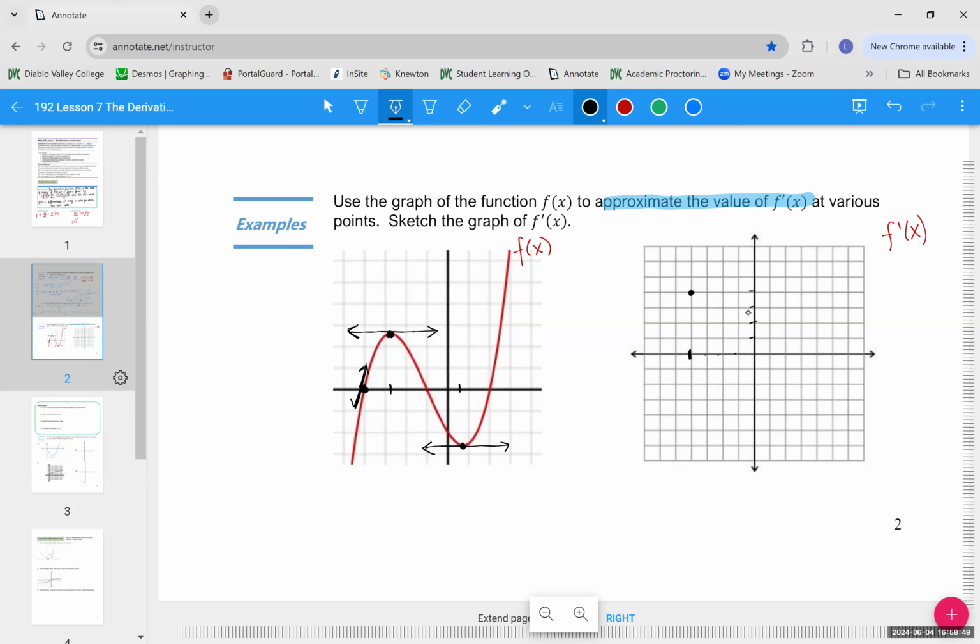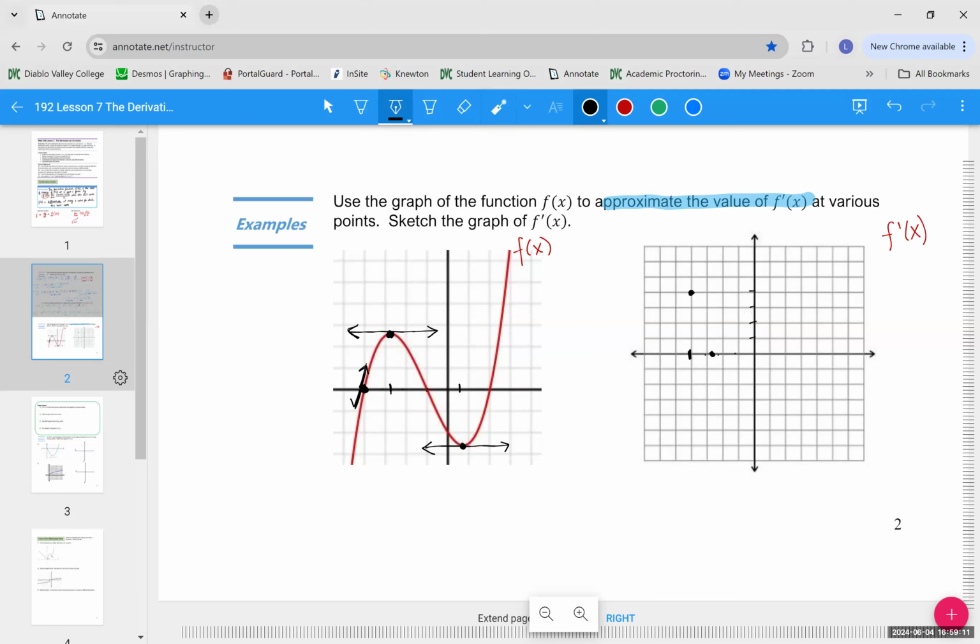Neither of them is perfectly lined up at a whole number, but I can approximate where they are, where the derivative will be equal to 0. It'll be an x-intercept. So let's see, 1, 2, maybe like negative 2.8.